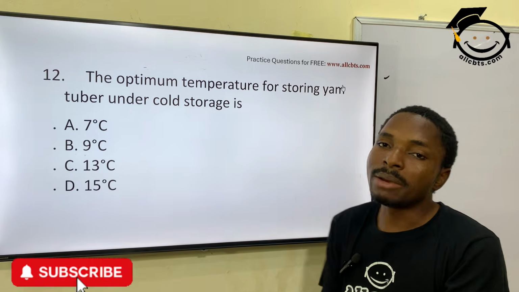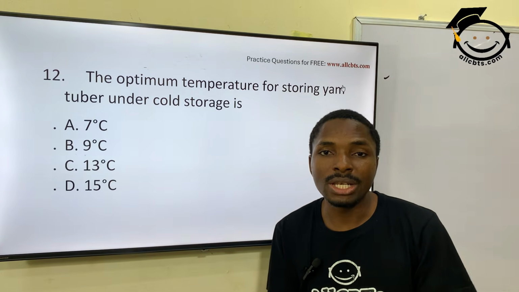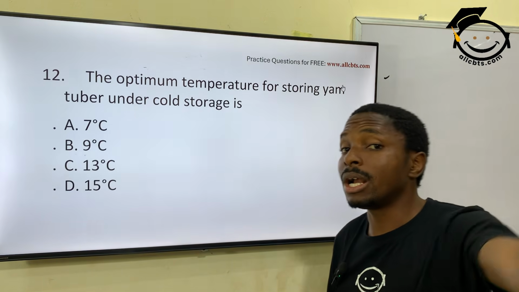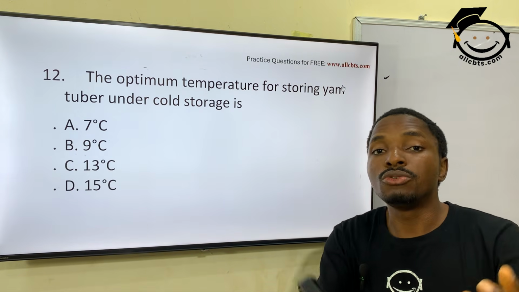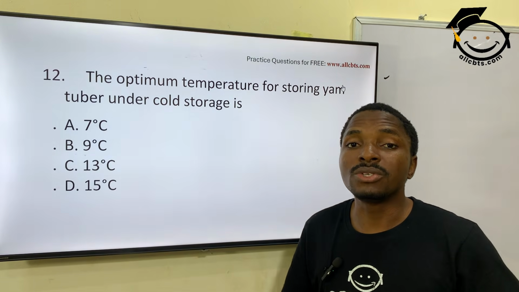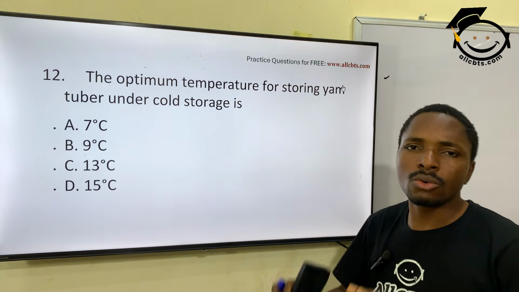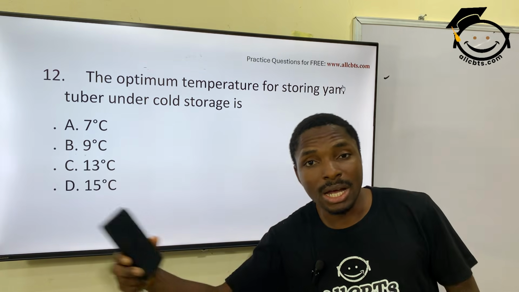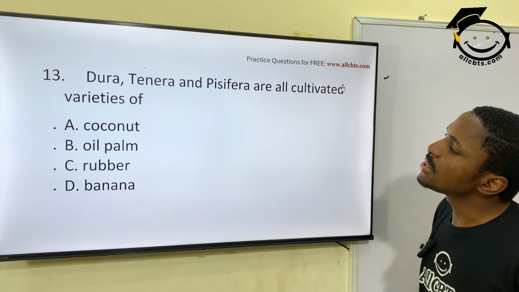If you keep your yam in the fridge, especially in the lower part where the cooling is way less, your yam would stay longer than under room temperature, because most of the time your room temperature is about 27, 28, 30 degrees. That's for those of you who do not use an air conditioner at home. So this is the standard cool temperature that will prevent spoilage of the yam for a longer duration of time.